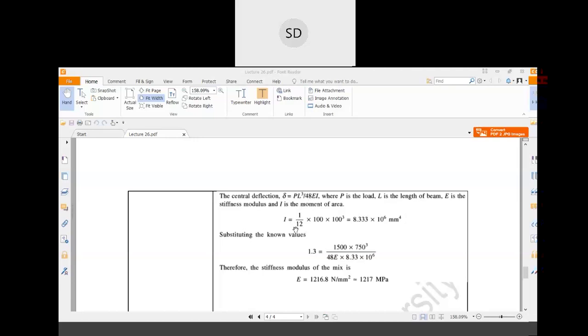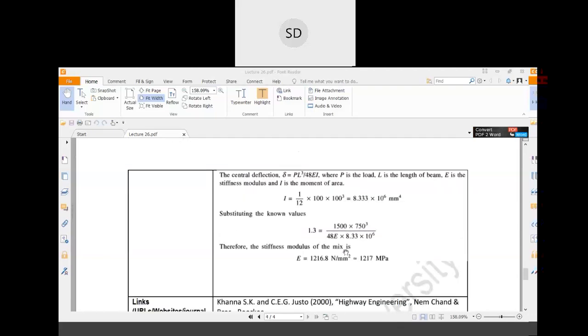So here you have to find out the I, and what is the value of I? I is nothing but BD cube by 12. So basically that is B into D cube by 12. You will get the value of I. Now substituting all these values in this equation, you will get the value of E. The numerical is clear.